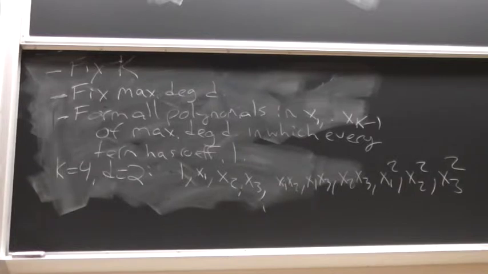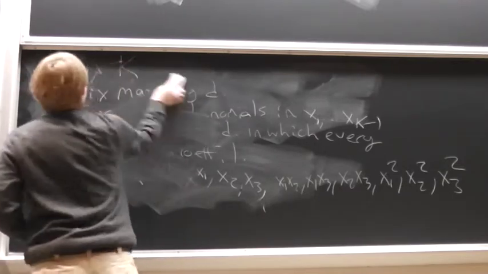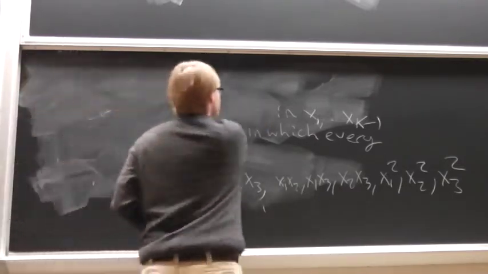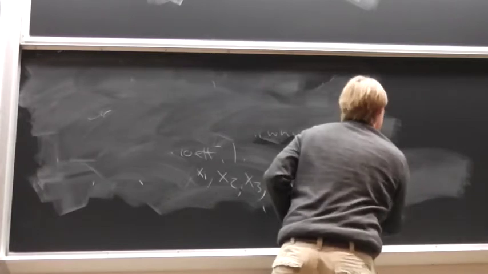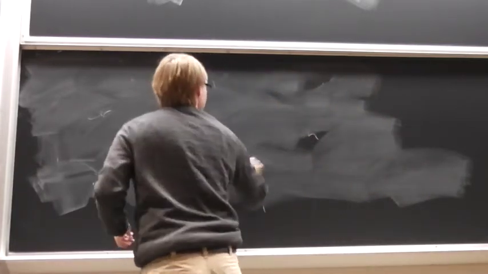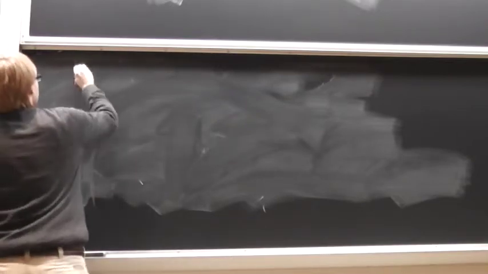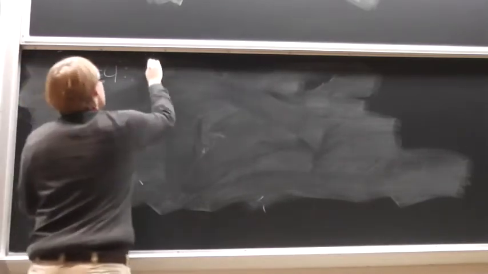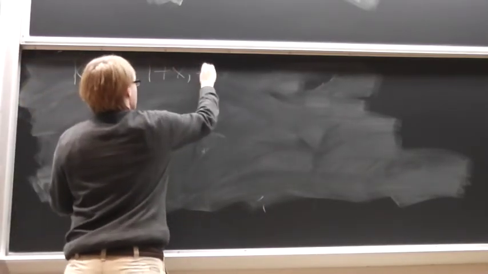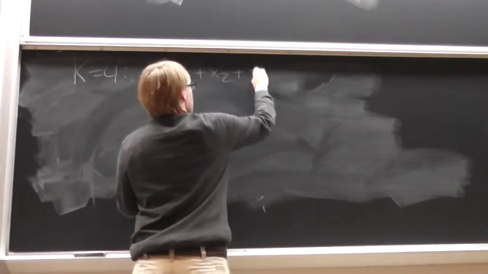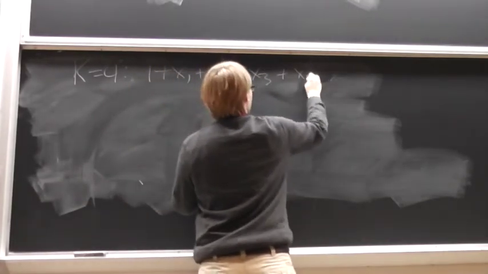Fine. So I have all of this wonderful data. So what do I do with it? The next thing that I do is, for example, I might see that in the k equals 4 case, one of them that should be floating around is one that comes up as 1 plus x1 plus x2 plus x3 plus x1, x3.